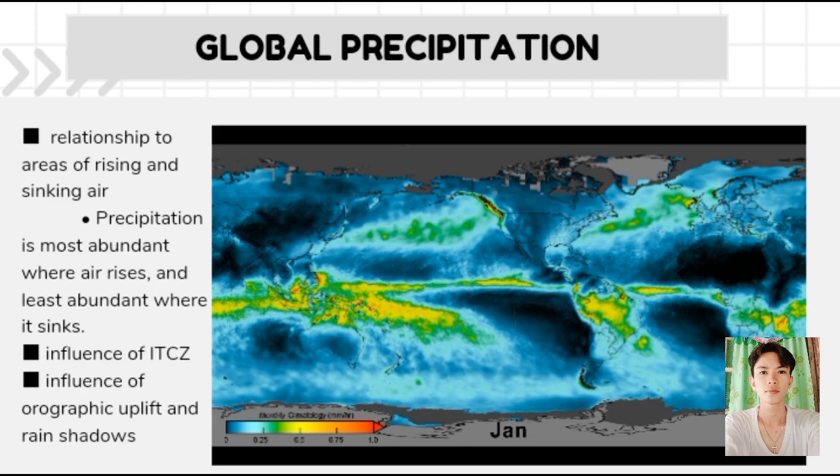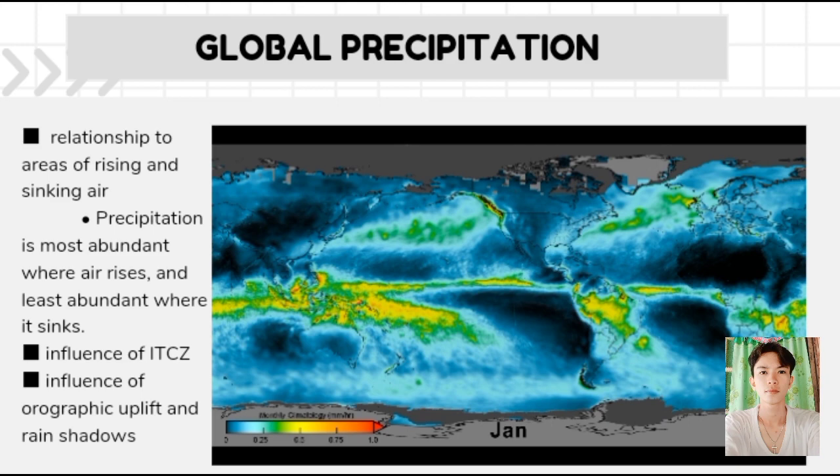So we have here global precipitation. Global precipitation refers to the distribution of water in its various forms falling from the atmosphere onto the Earth's surface. So that is precipitation. This includes rain, snow, sleet, or sometimes hail.